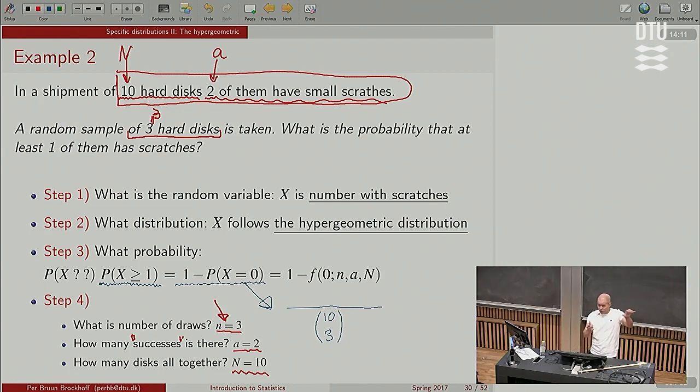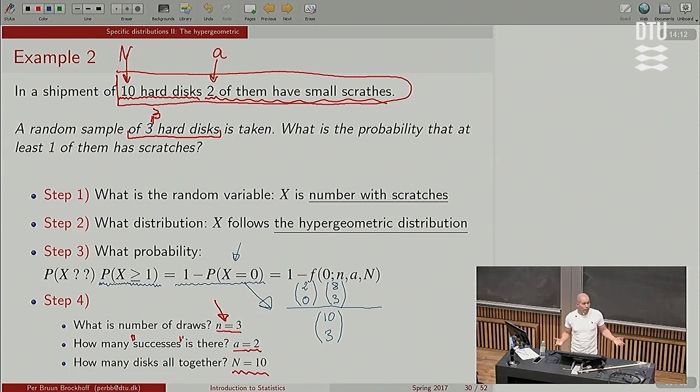That's the total number of possible outcomes. Now, for the outcomes that match exactly 0, I should take 0 out of the 2 with scratches, and I should take the rest of the 3 out of the remaining 8, right?